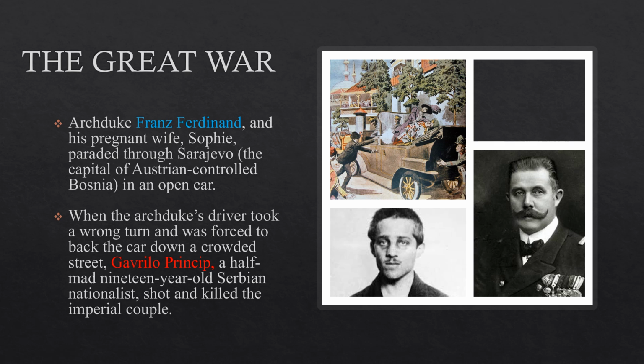Oof. To avenge the murders, Austria-Hungary, with Germany's approval, resolved to bring Serbia under its control or destroy it. Kaiser Wilhelm was willing to risk a massive war in the belief that it was best to strike before the Russians could build up their military power.